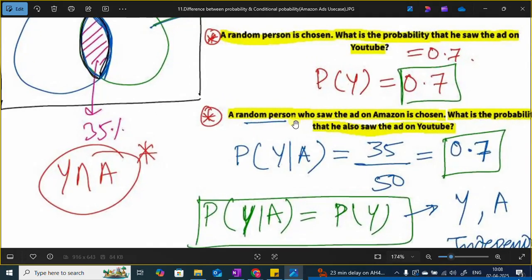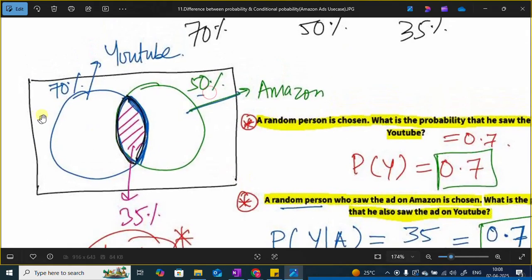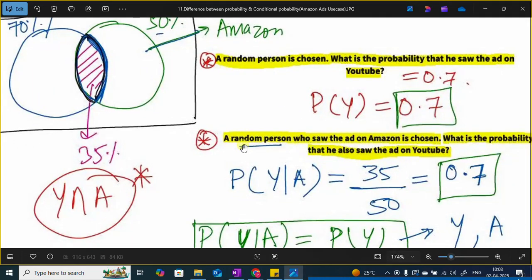Now look into the second question. A random person. See, the twist in the question: a random person who saw the ad on Amazon is chosen. Are you getting my point? Here, I'm choosing a random person that maybe belongs to here, here, here. I don't know. But in the second problem statement, I'm saying a random person who saw the ad on Amazon is chosen.